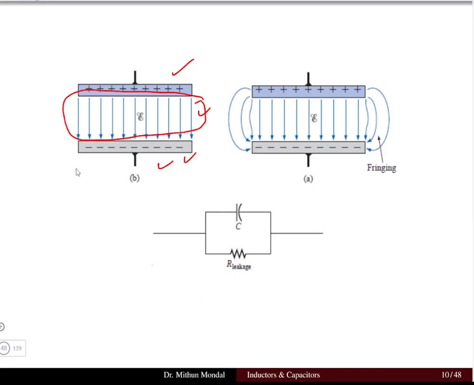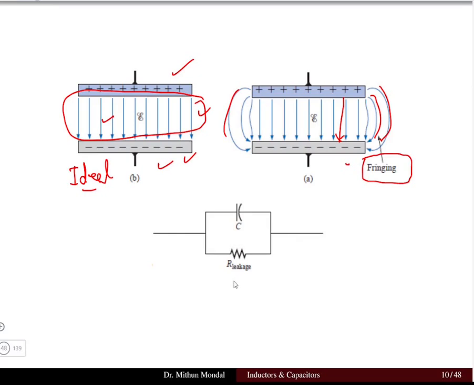If the capacitor is ideal and all the electric field lines are present in the dielectric, then there will be no leakage. However, if the capacitor is non-ideal and the electric field lines are not concentrated only in the dielectric but rather come out into the air, then that phenomenon is known as the fringing effect.